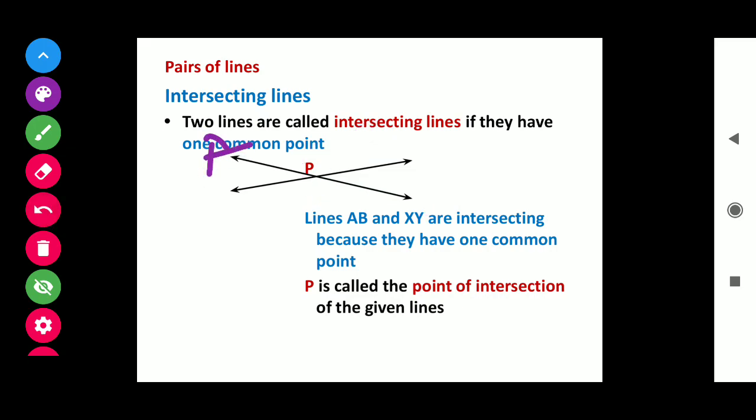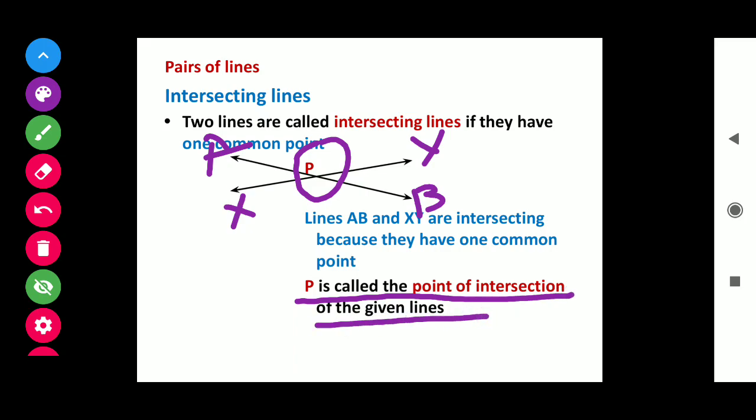Suppose this one is AB and this one is XY. Both are intersecting at the point P. So they have one common point P. So P is called the point of intersection of the given lines. And these lines are called intersecting lines.